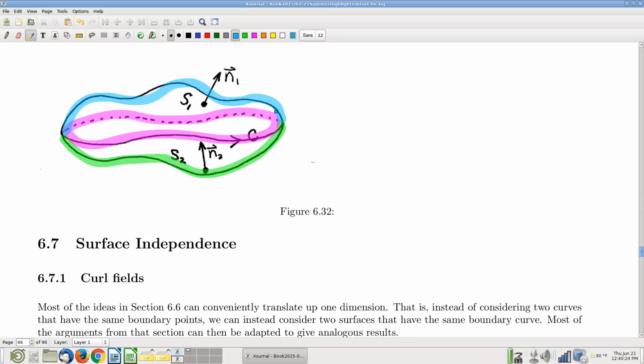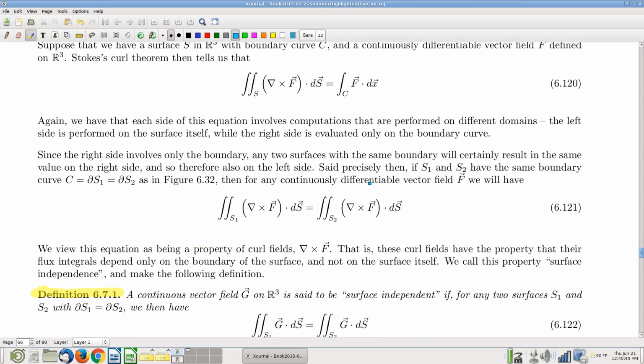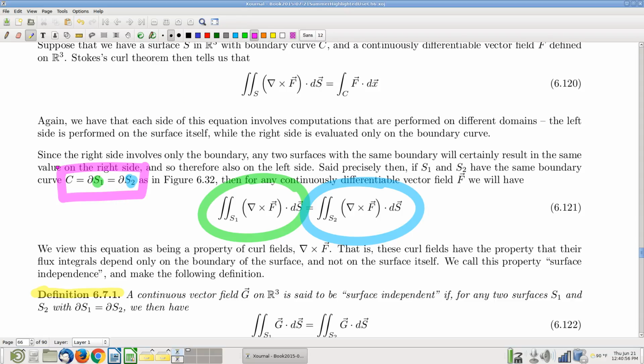That means the green flux and the blue flux are both computed by a line integral around their same shared boundary, and therefore the green flux is equal to the blue flux. So that gives us this statement here: the green flux is equal to the blue flux because the green surface and the blue surface have the same boundary curve.